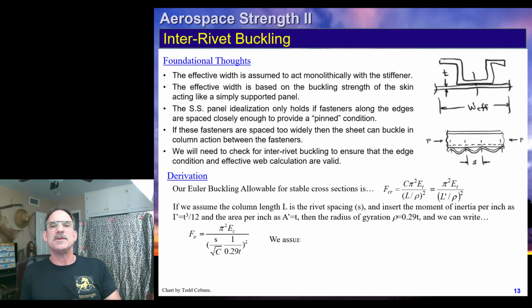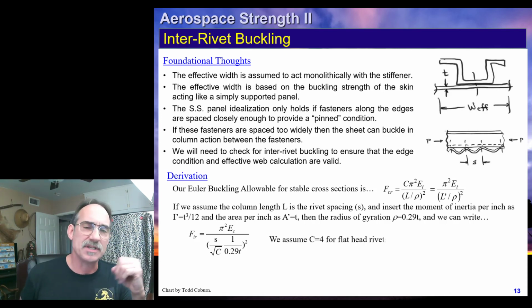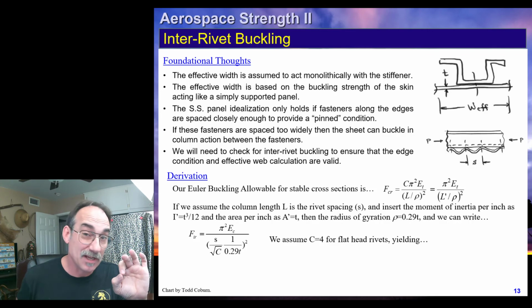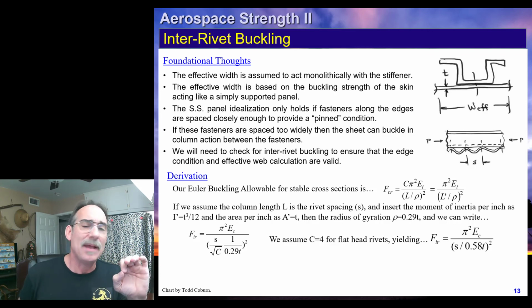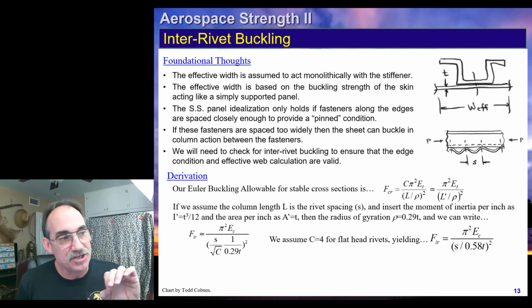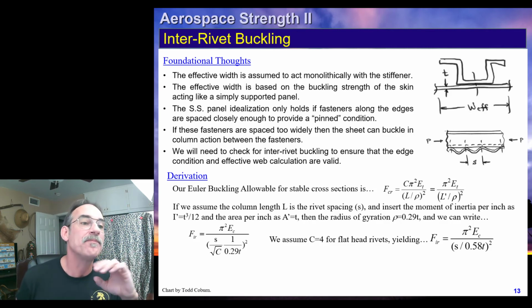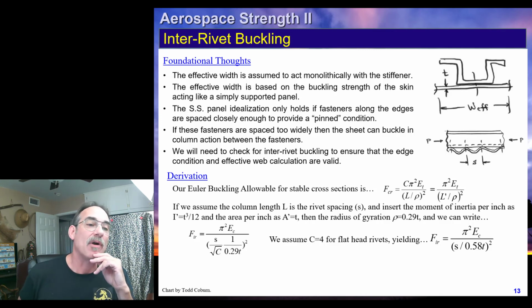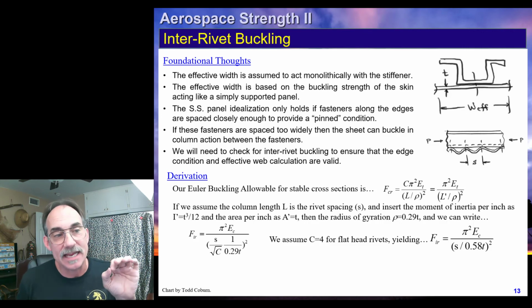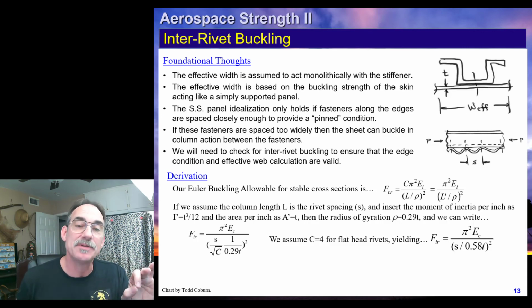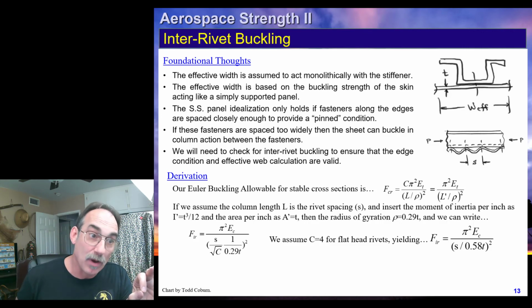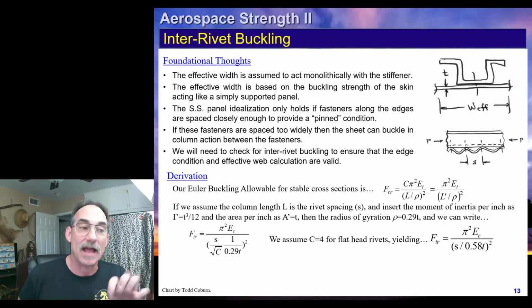But there's been some work done that comes up with some coefficients. Basically, if we have flat head rivets, protruding head rivets, we could assume that our coefficient is 4, like a pin support, and therefore our inter-rivet buckling allowable would be pi squared E sub C over the quantity S over 0.58 t, all that quantity squared.